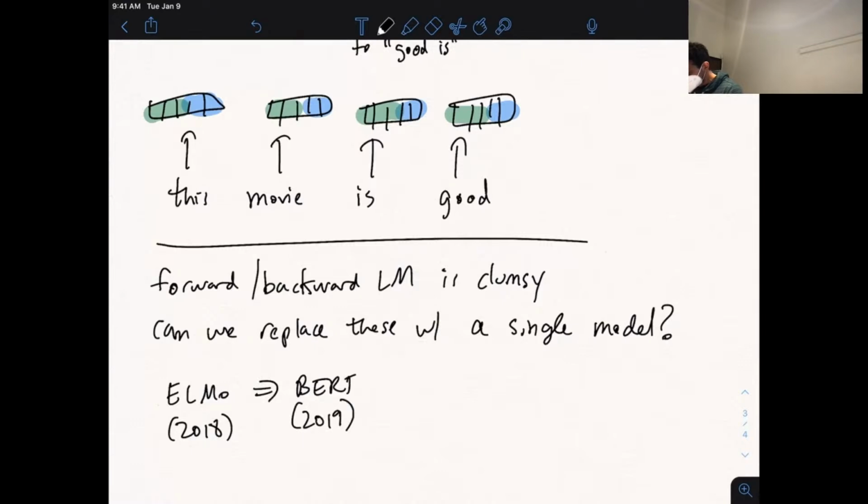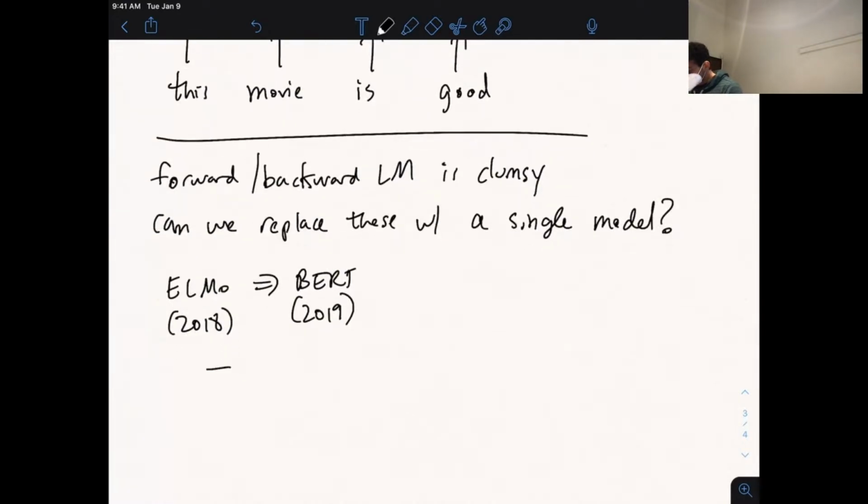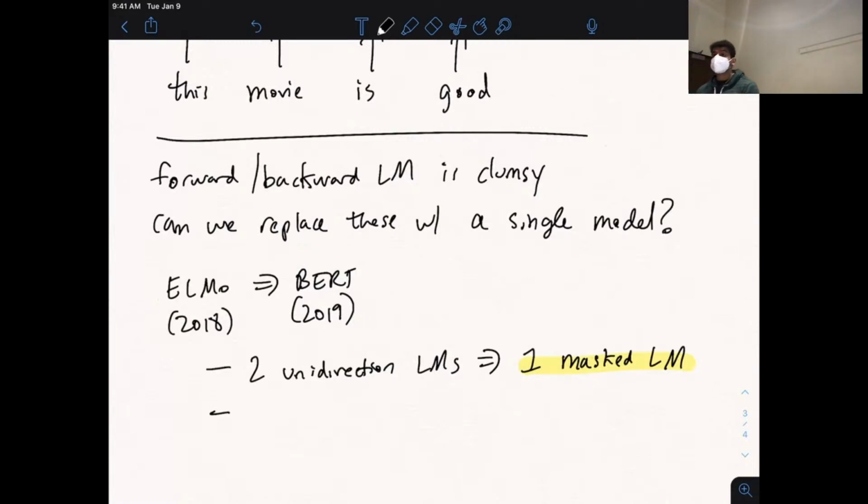out the next year. So the changes were, we went from two unidirectional LMs, which were the forward and backward ones in ELMo, to one masked language model. So this is an important concept that we will focus on for the rest of this lecture. A couple other things changed. We went from recurrent neural networks to transformers.